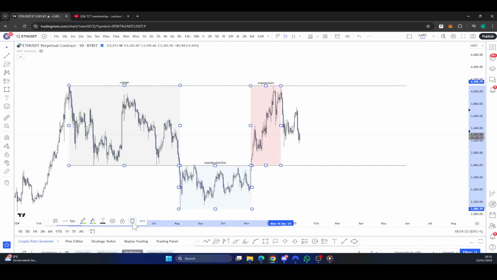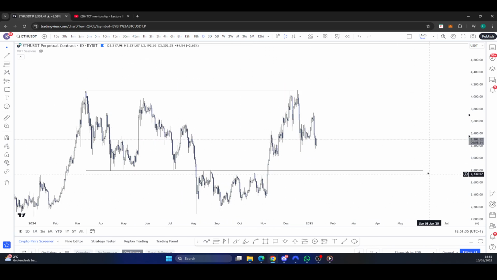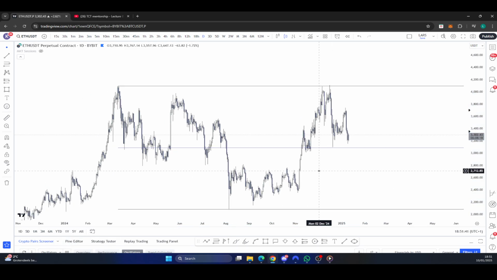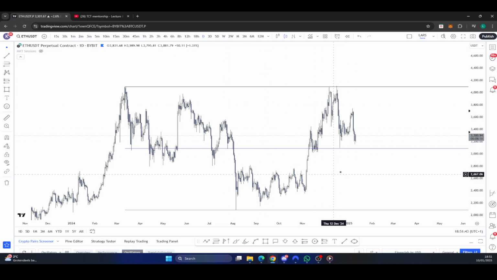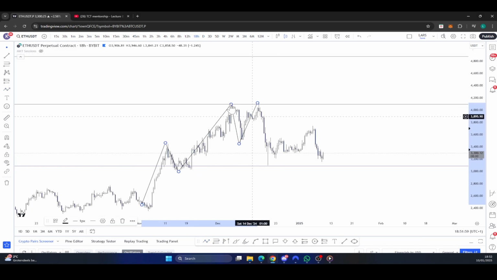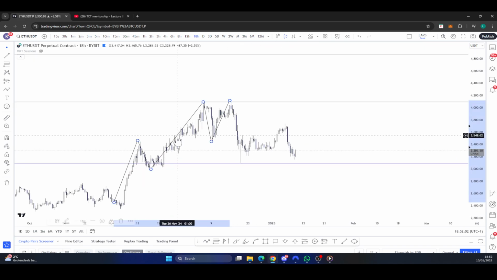So now let's just get rid of that entire PO3 idea and then just look at this entire range in general. From a context perspective, we have a range going on. We swept the range high right here, and from there, sold off very aggressively, actually breaking structure from the low up back to bearish right here, making higher lows and higher highs following the 6 candle rule, not on the daily time frame, but definitely on the 18-hour time frame, as you can see right here.